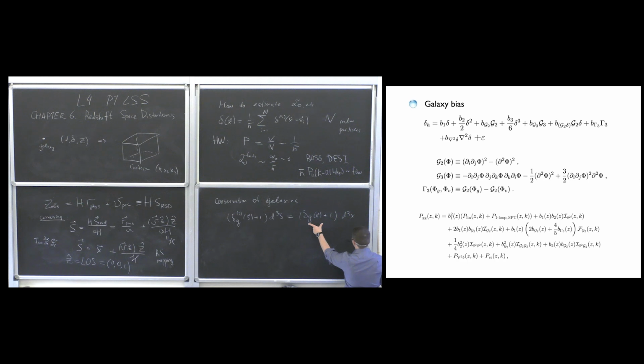Well, here this is the density, this is the volume. So now you can see the total number of the galaxies is conserved, and from this equation follows.